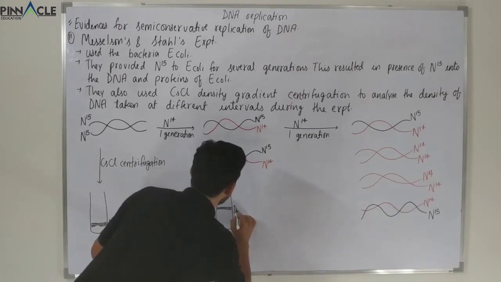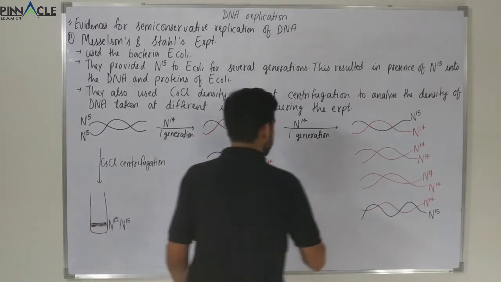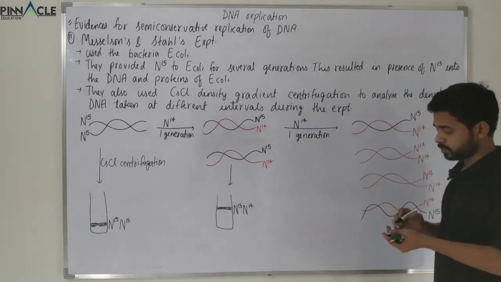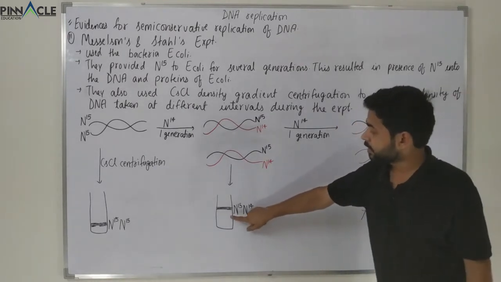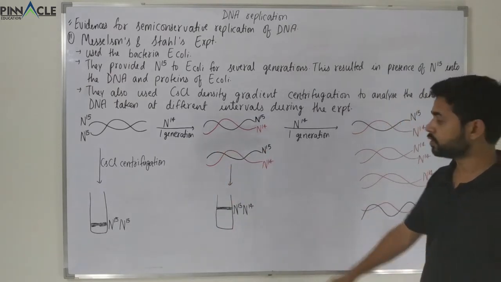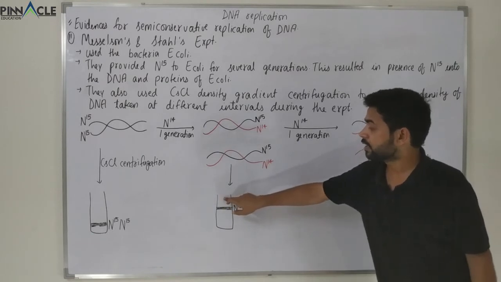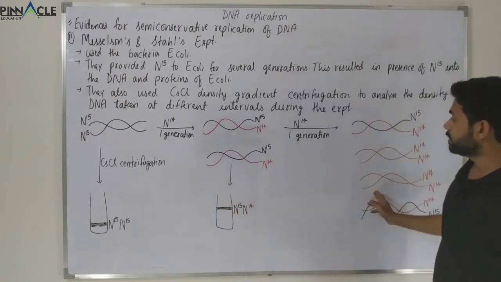So it was N15 as well as N14. So in this case, when the same process was done, the level of the DNA in the test tube of the CsCl density gradient centrifugation came somewhere in between, that is, somewhere above it, around here. So that is what happened in this case.